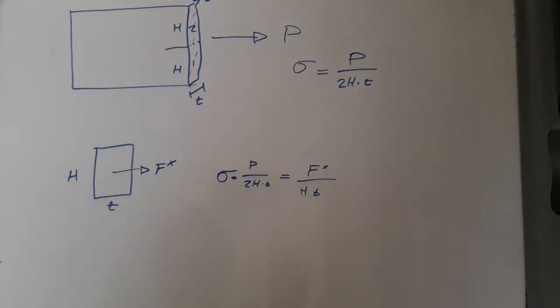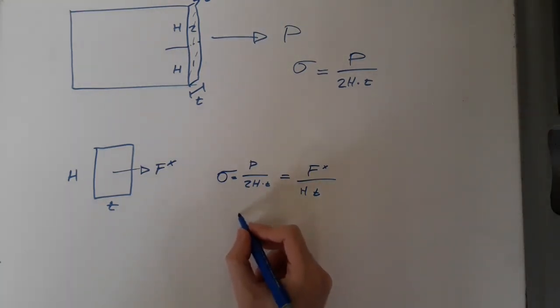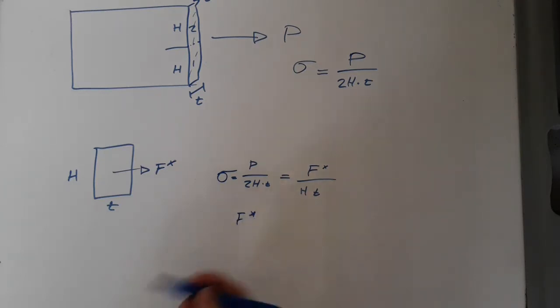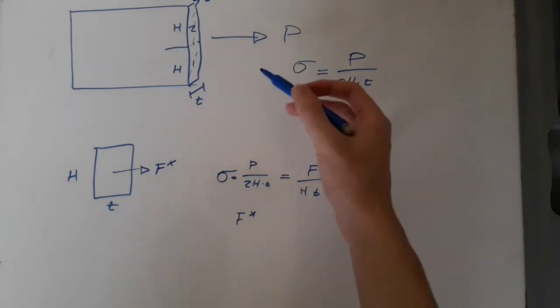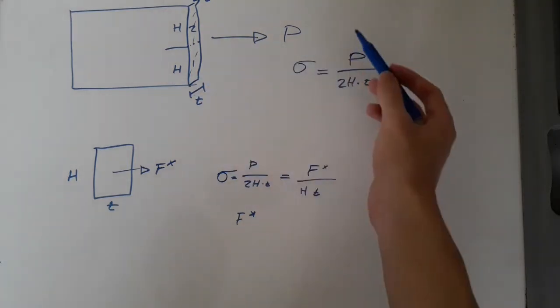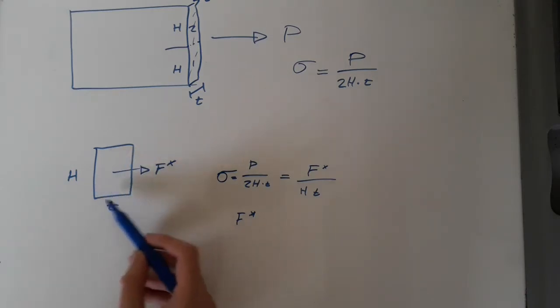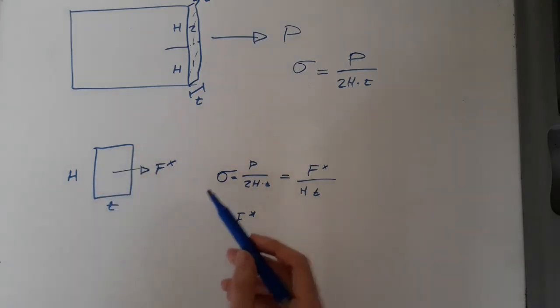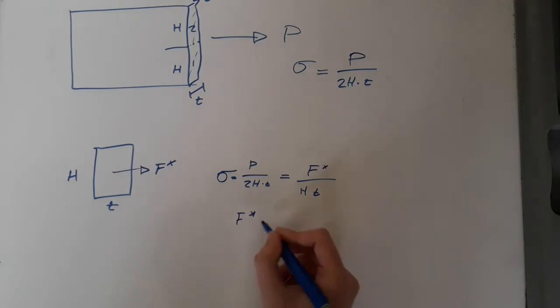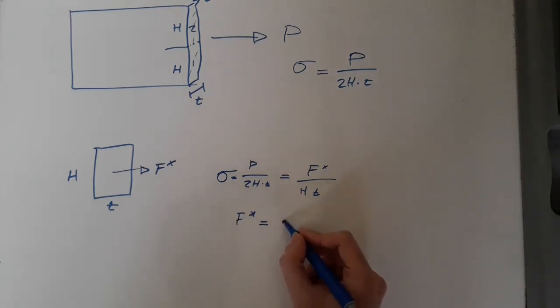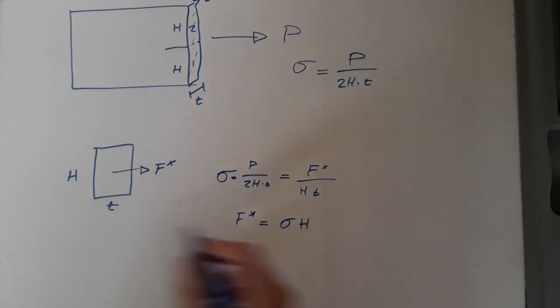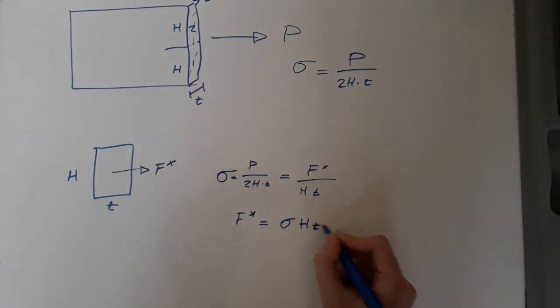Then we can rearrange that formula to say that this F star is like an elemental equivalent of the force. In other words, if this P were acting on this entire load to get this stress, this F star would have to act across this entire surface area to get the exact same stress. So in this case, F star would simply be equal to sigma times the elemental area, ht.